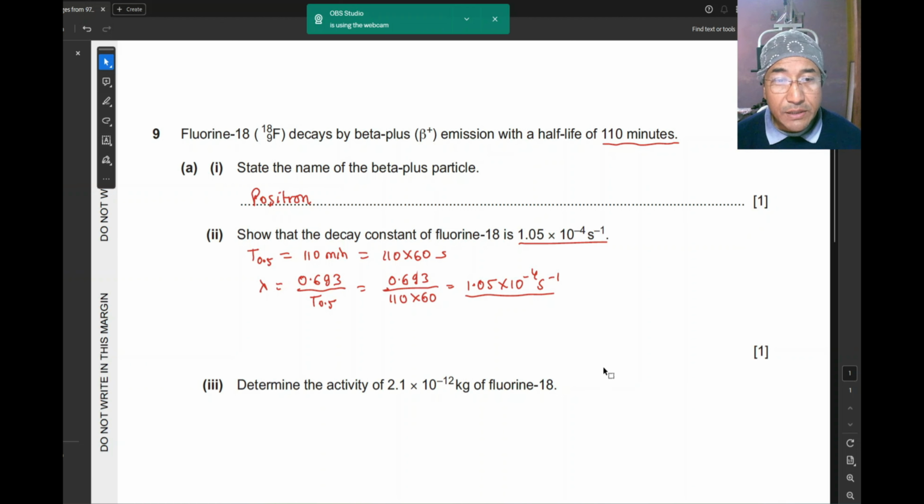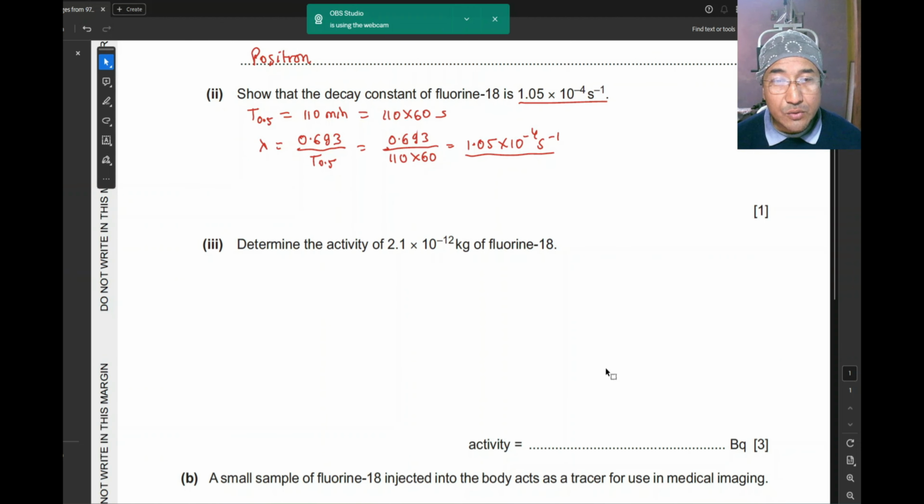Now determine the activity of 2.1 into 10 to the power minus 12 kg of fluorine-18. Activity means dN by dt, or we can simply say A as well. To have activity, we must first have the number of particles, the number of molecules of fluorine. For that, we have to know that 1 gram mole of a substance will have Avogadro number of particles.